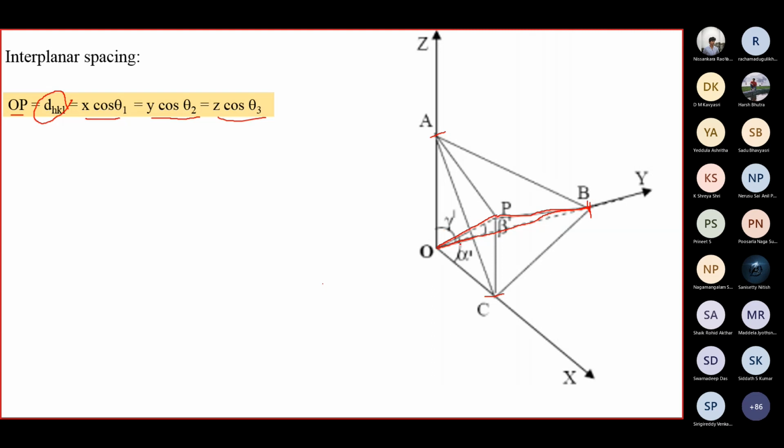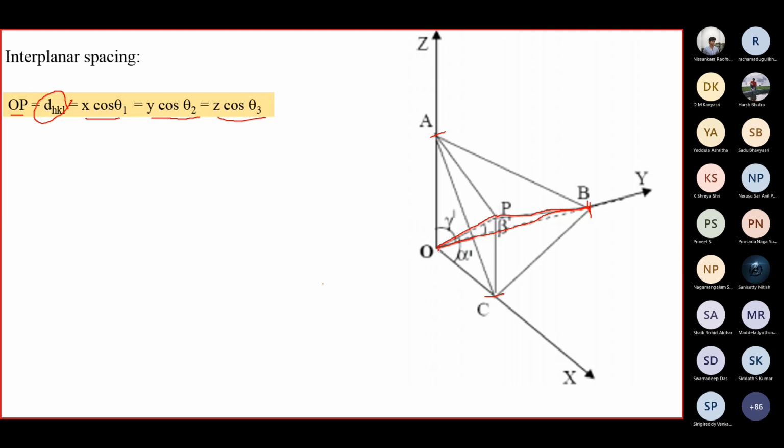Now, imagine the same plane lying at O at the same inclination. It is parallel to this ABC. Consider one more triangle ABC parallel at O.